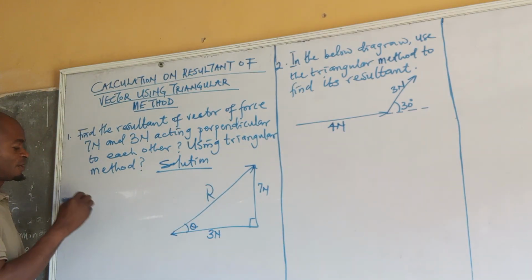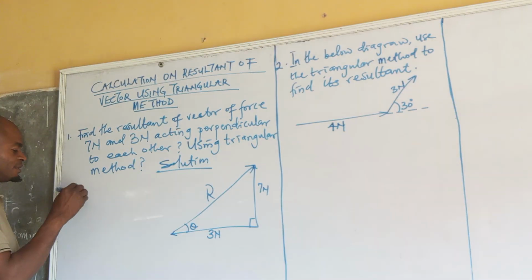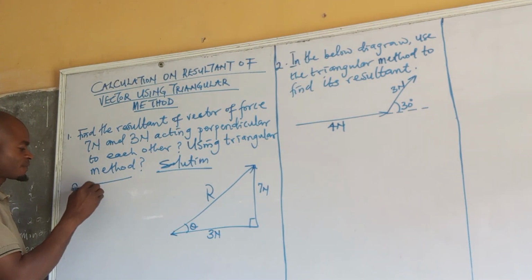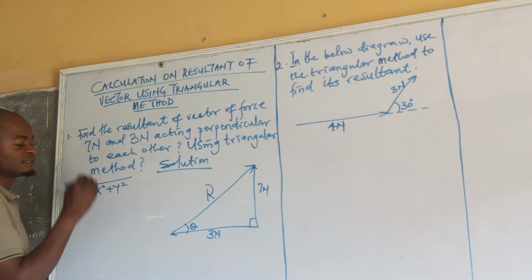Then what is the formula you are using here? R equals the square root of x squared plus y squared.